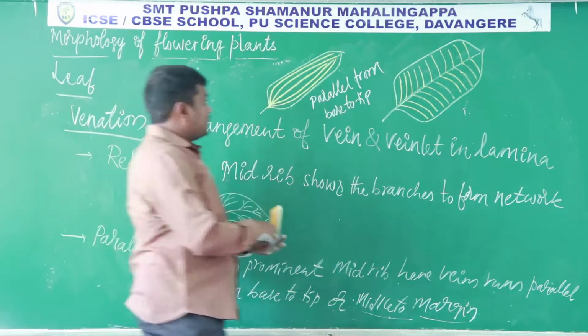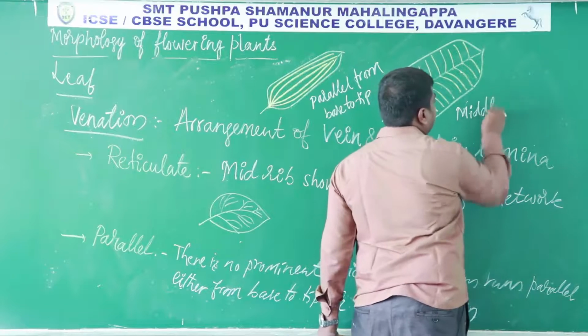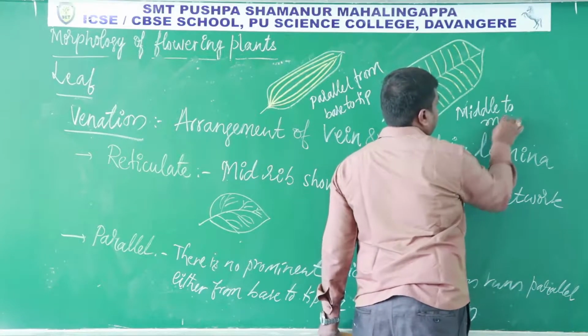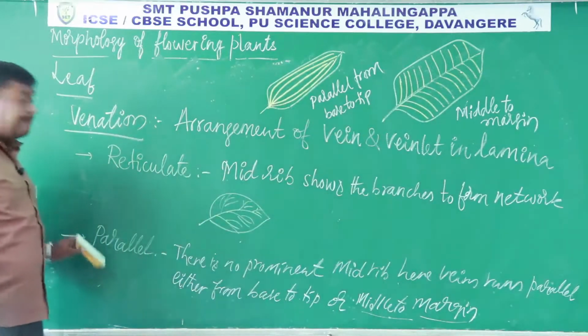Okay, so this is middle to margin. Okay, so these are example for parallel venation.